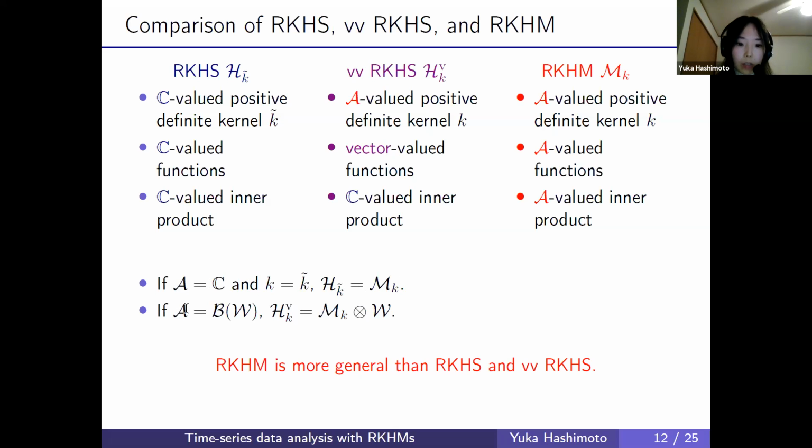And also, if we set A as the space of bounded linear operators, then this VV-RKHS is equivalent to the tensor product between this RKHM and this Hilbert space W. So the existing algorithms in RKHS and VV-RKHS can be reconstructed by using the framework of RKHM. And also we expect we can extract more information by using RKHM than by using RKHS and VV-RKHS.